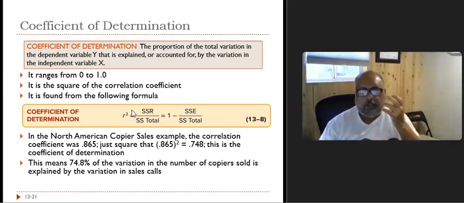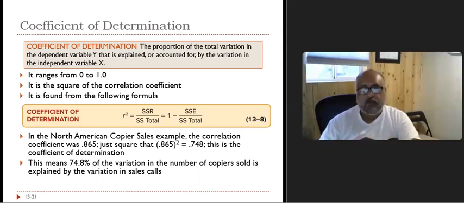Now, how do we interpret the value of R square? Simply put, if R square is equal to 1, the model perfectly explains the variation. What if the value of R square is 0? Then the model doesn't explain any of the variation.